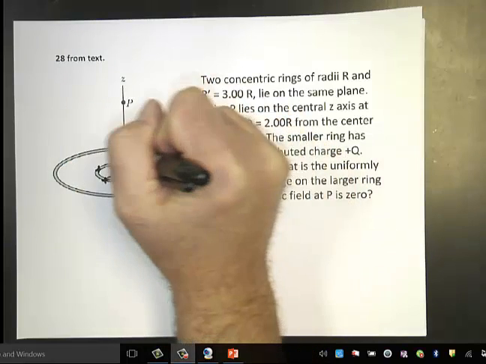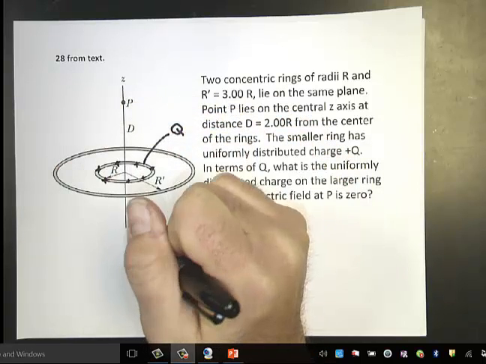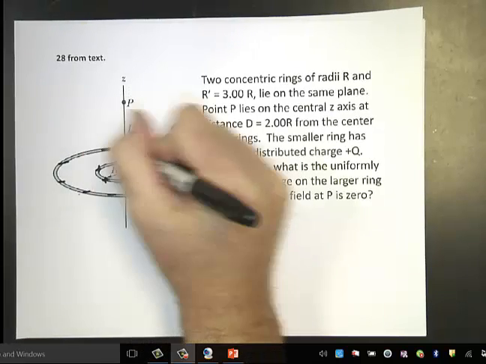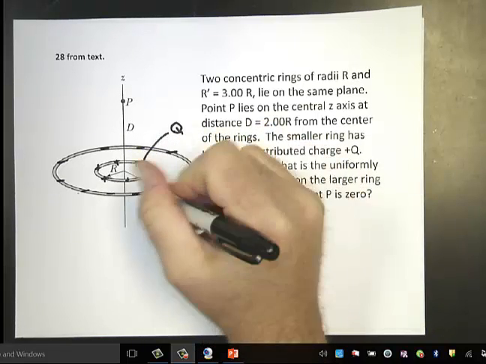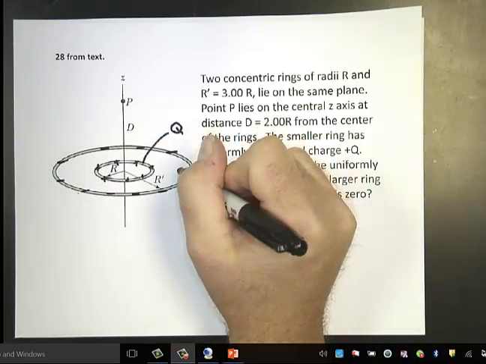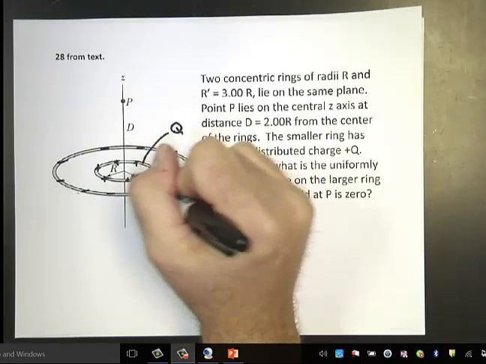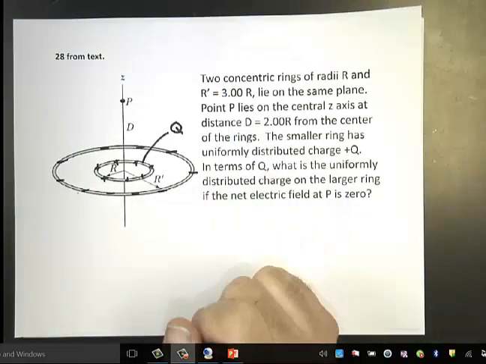That's got to be set up by this guy, so we reason that this guy must be uniformly negative. So how much negative charge do we need on this big ring in order to cancel out the effect of the positive charge on this ring right there? Not anywhere, but right there.